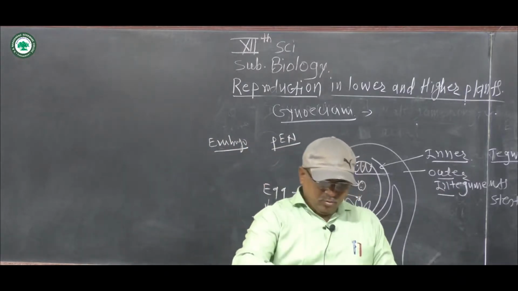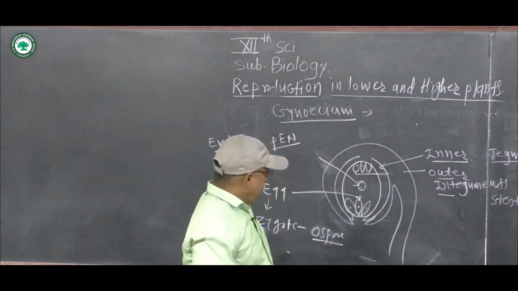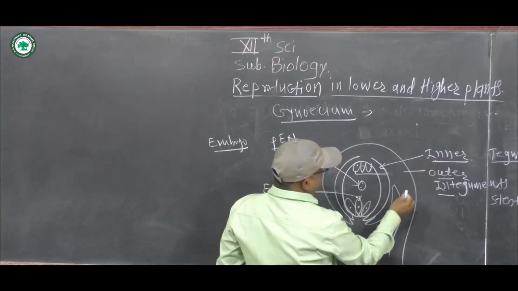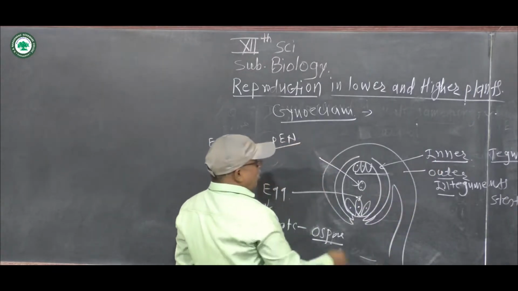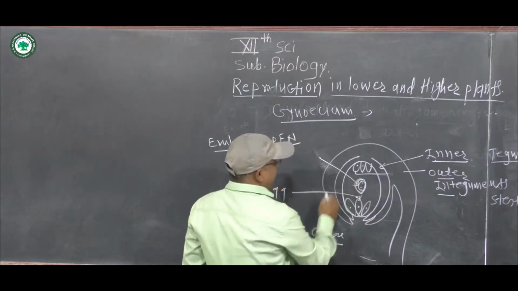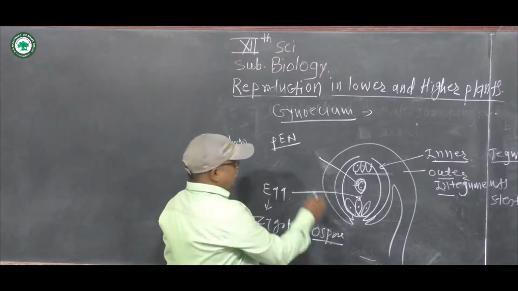Then question is asked on this point, the different functions of outer integuments, inner integuments, or after double fertilization the secondary nucleus gets converted into which part, that is endosperm.